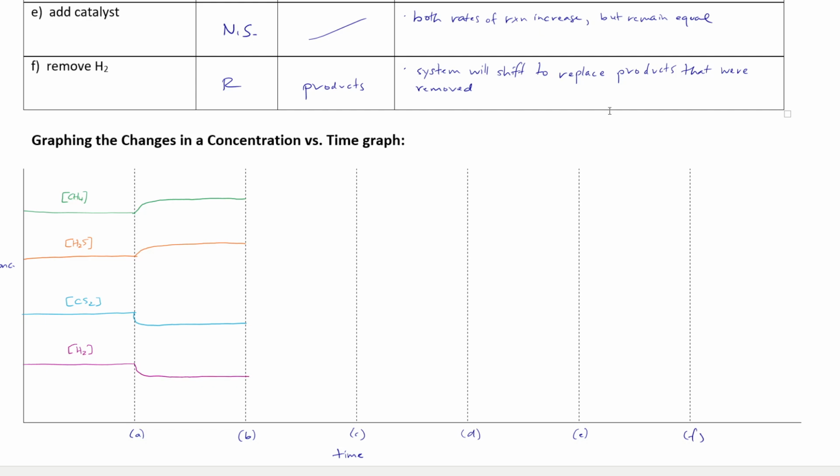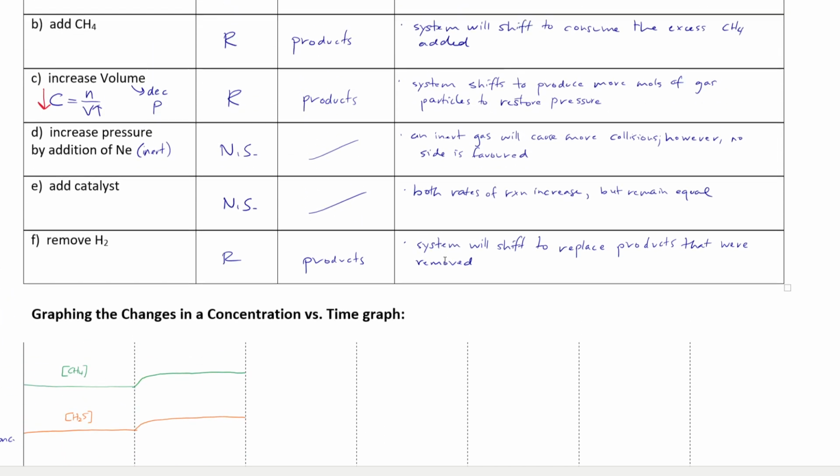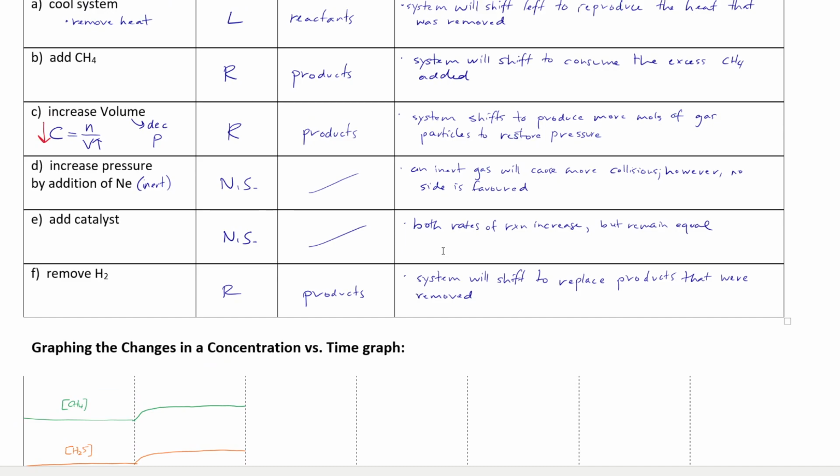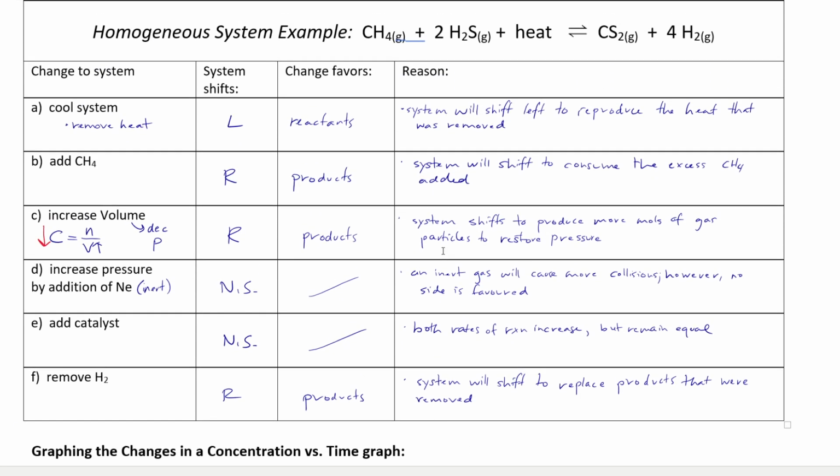Okay. If we look at B, the system was shifting to the right because we added CH4. Now, if you add a substance, the concentration is going to spike up.